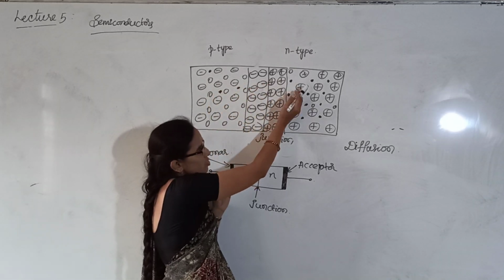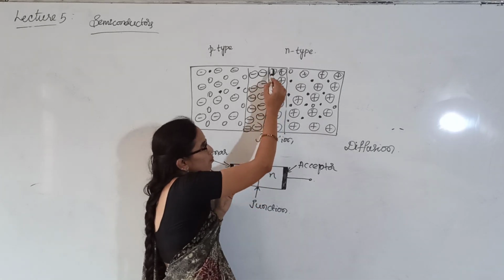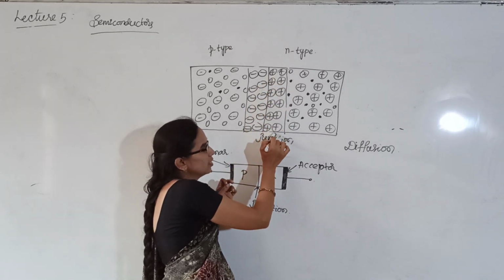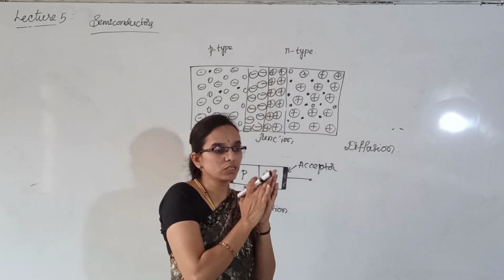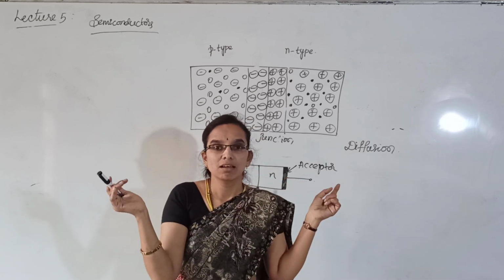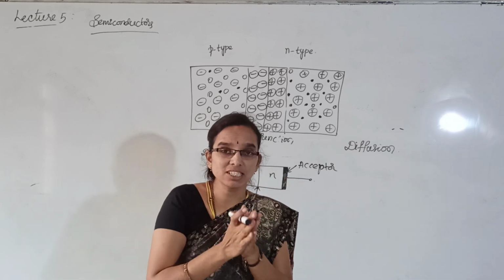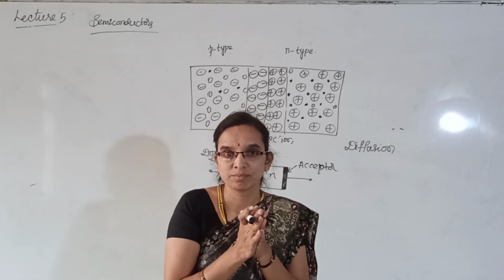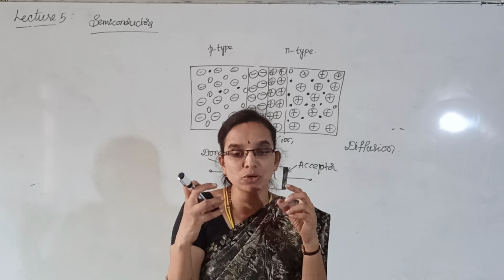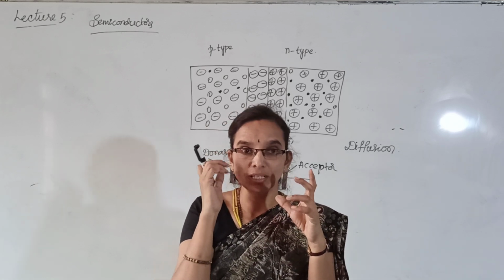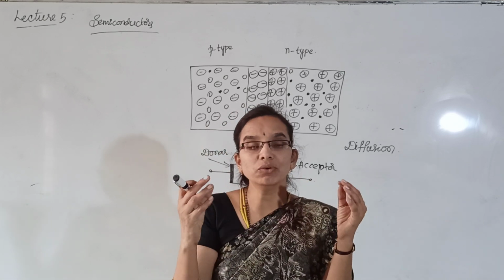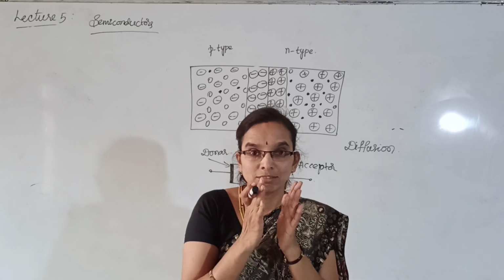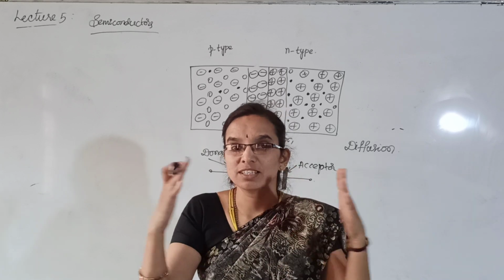Once this layer is formed near the junction, the holes from this side cannot cross the junction because the positive ions on this side repel the positive charges. Like charges repel each other, unlike charges attract each other. In a magnet, there are north and south poles: unlike poles attract, like poles repel.